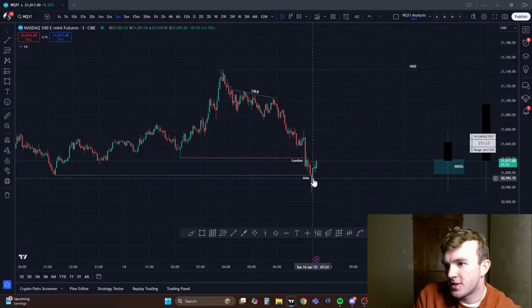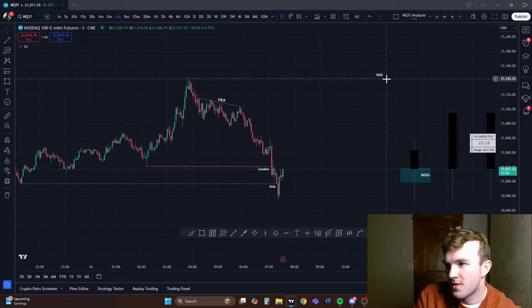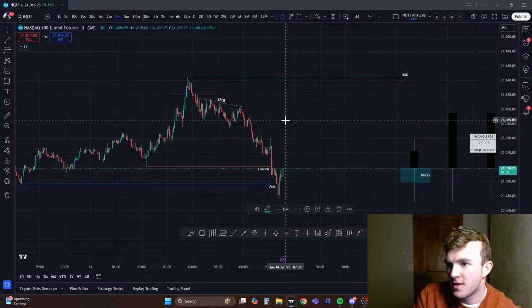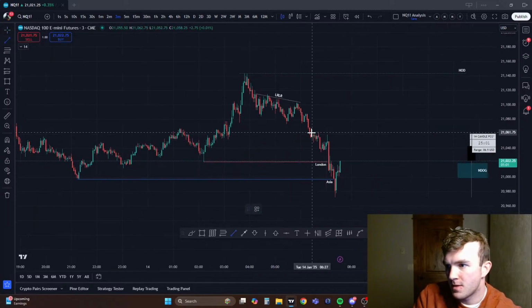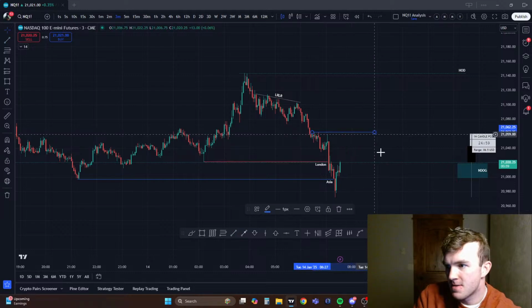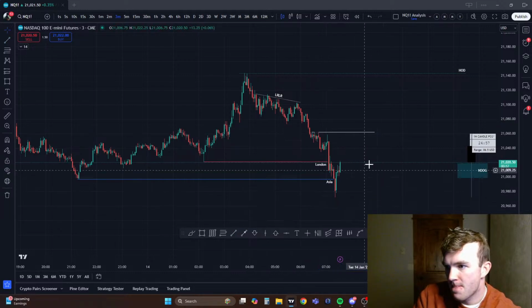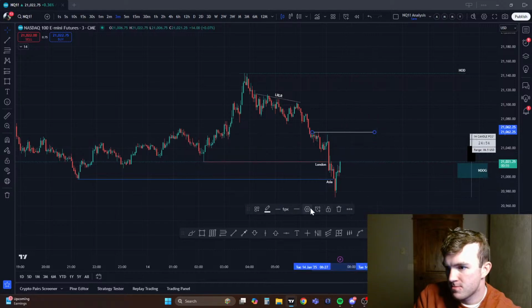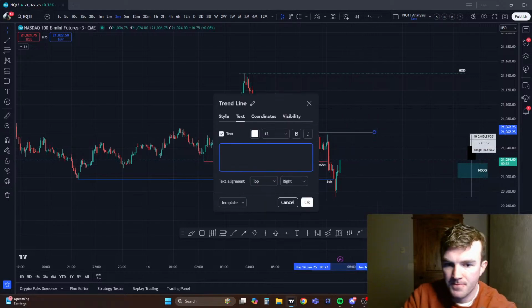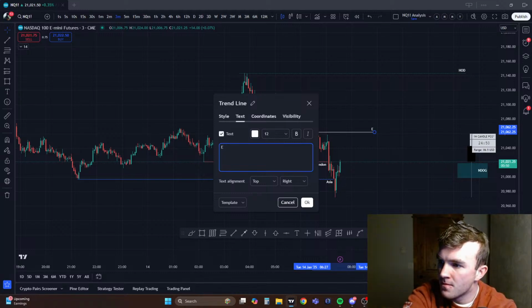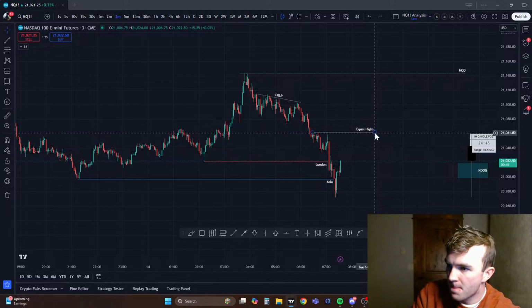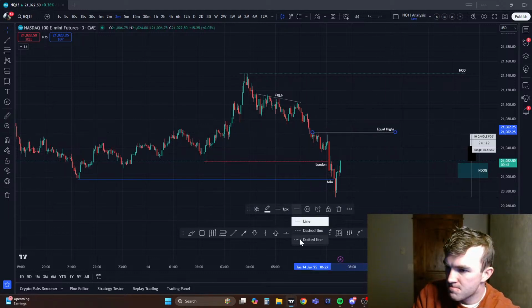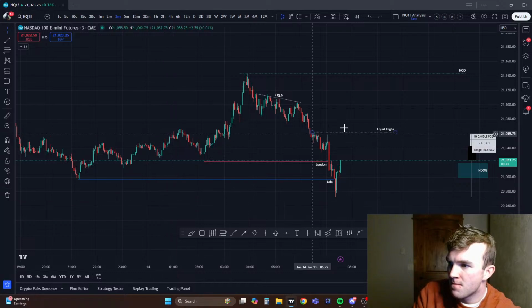So we got London and Asia taken out. High of the day, possible draw on liquidity, equal highs right here. You can already see them right here.